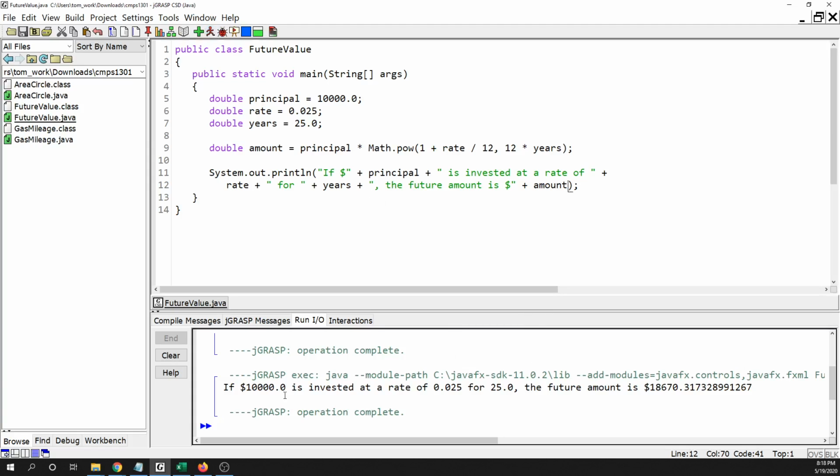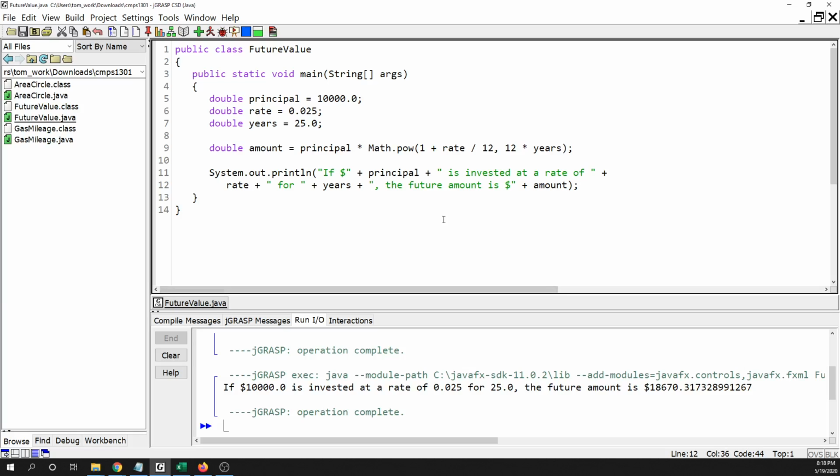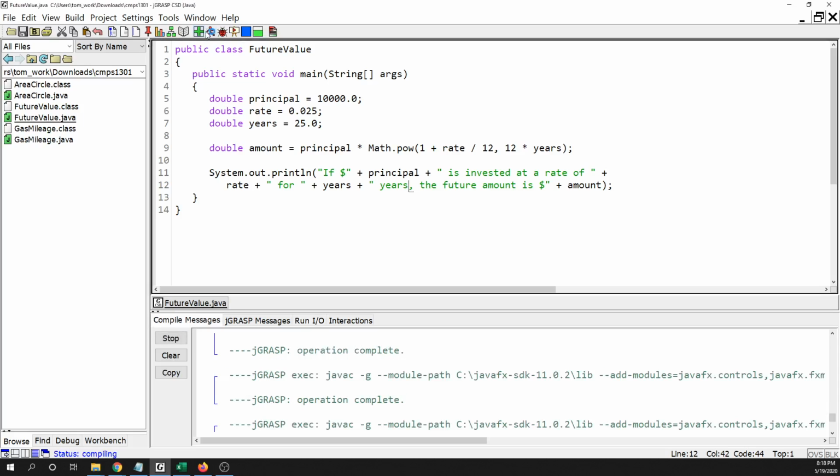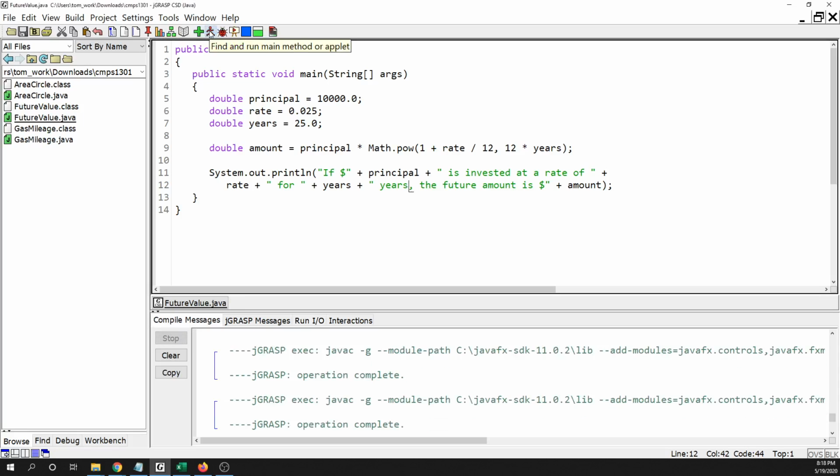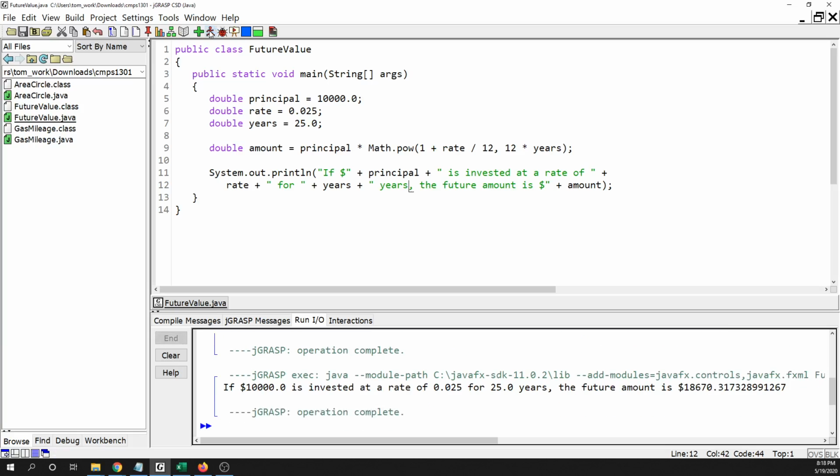Okay, so if $10,000 is invested at a rate of 0.025 for 25, we probably need the word years in here, right? Okay, so that looks better.